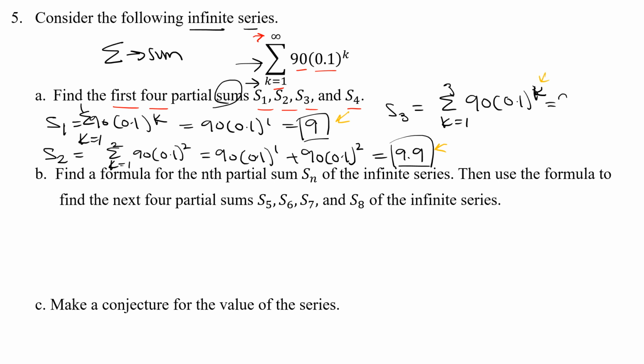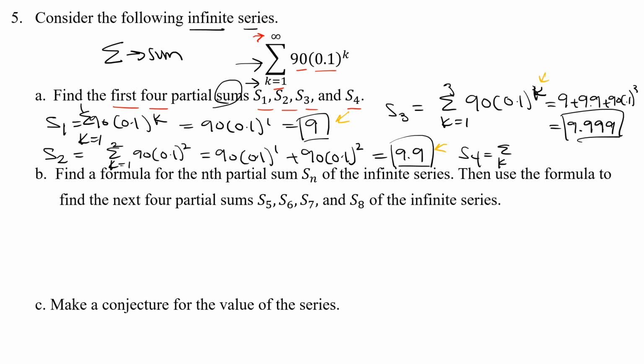So instead of having to write all those summations so many times, you can take the first two that you know, and then do plus the 90 times 0.1 raised to the third power, okay? All right, and that actually turned out to be 9.999, okay? So maybe you can start seeing the pattern here.